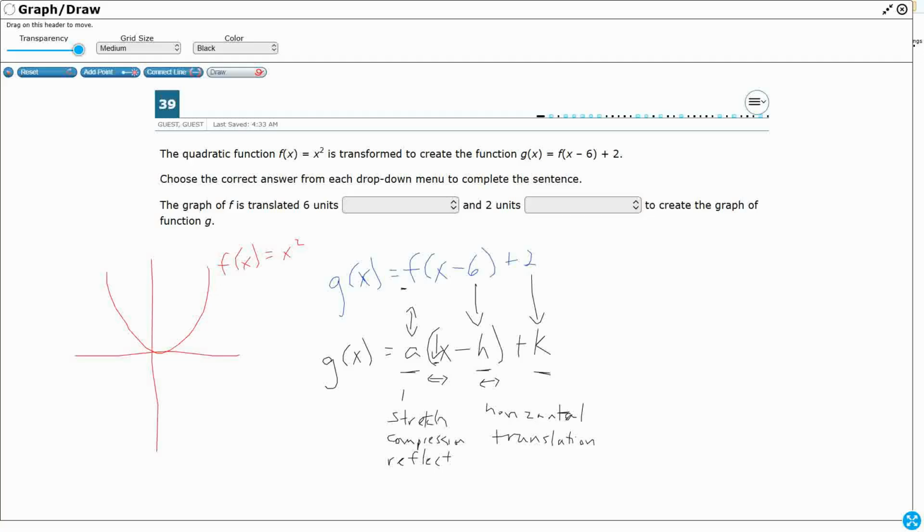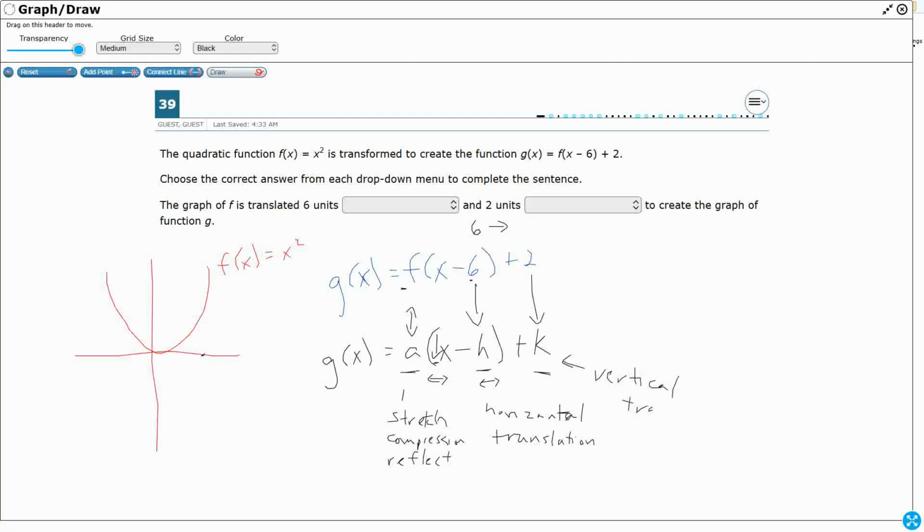And in this case, this 6 is a positive 6, so it's a minus h. So in order to get a minus h, we're going to get a minus 6. So that 6 means we're going to shift it 6 to the right. So we're going to shift our vertex to right about there, if we were to kind of draw that right there. And then we've got this k, so that's a vertical translation.